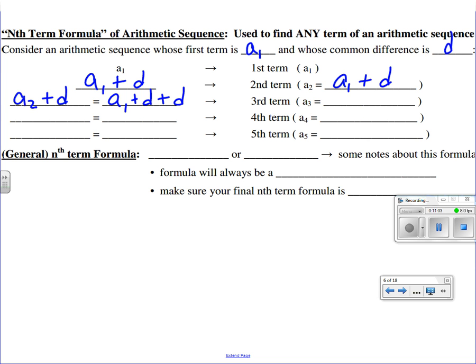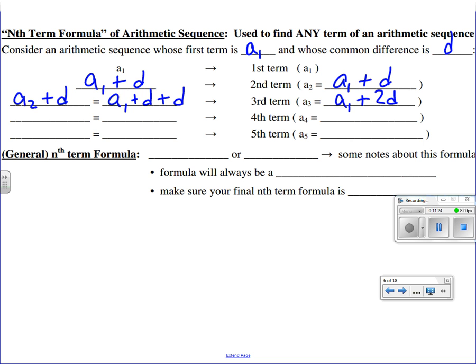So A1 plus D, and then over here I'm going to write A1 plus, how many D's do I have? 2 D's, okay?